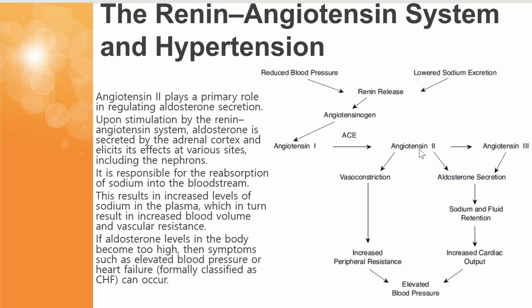So it is responsible for the reabsorption of sodium into the bloodstream, and therefore this results in increased levels of sodium in the plasma, which in turn result in increased blood volume and vascular resistance. So if aldosterone levels in the body become too high, then symptoms such as elevated blood pressure or heart failure can occur. So this is something that our bodies have to definitely regulate.